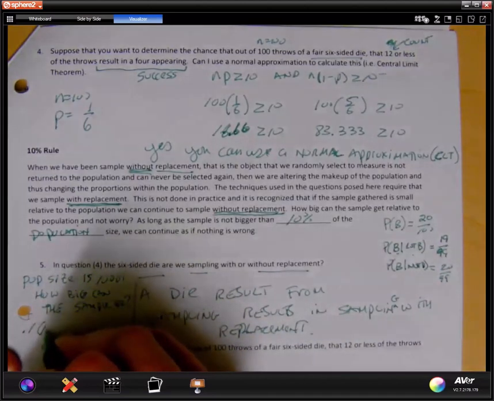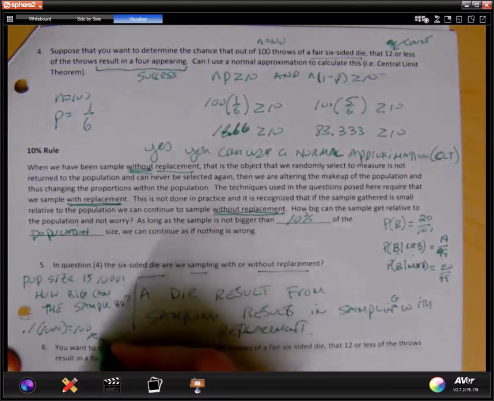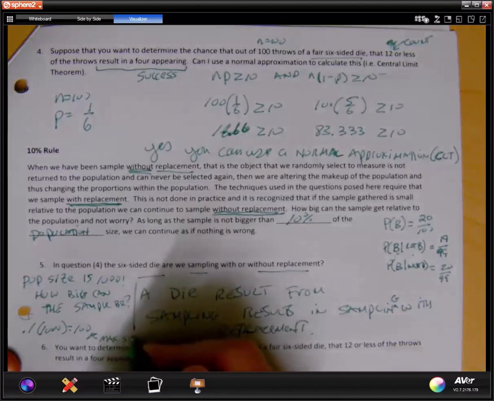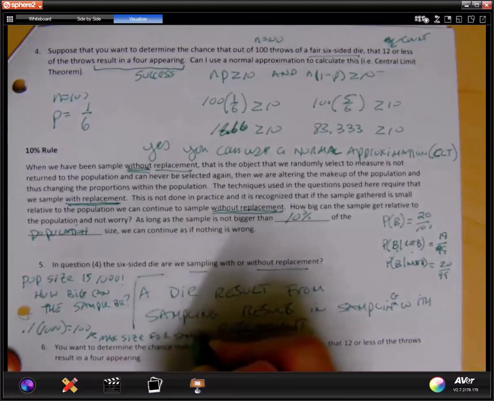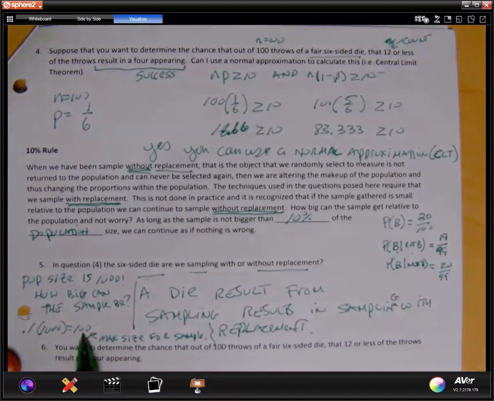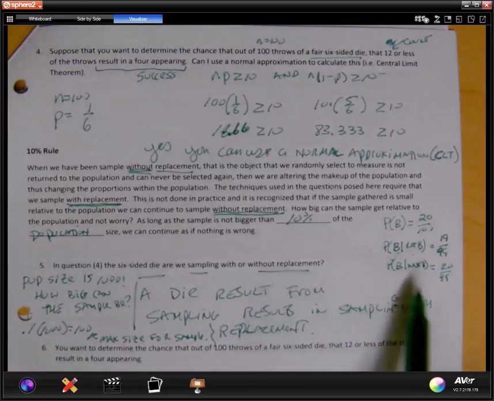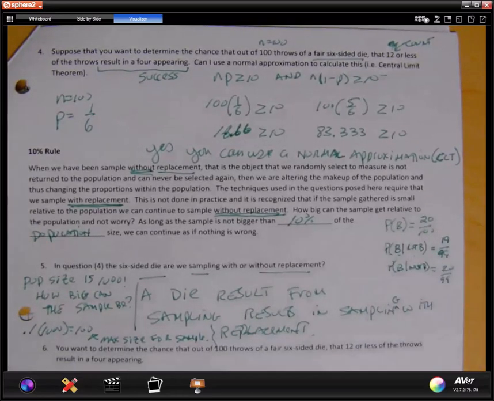So just take 10 percent of my population size, and this is the max size for the sample. So as long as my sample size is no bigger than 100, I can pretend I'm sampling with replacement. Obviously, I'm not, but I can pretend like I'm sampling with replacement. Otherwise, I have to do something else. There are other formulas that deal with sampling without replacement.